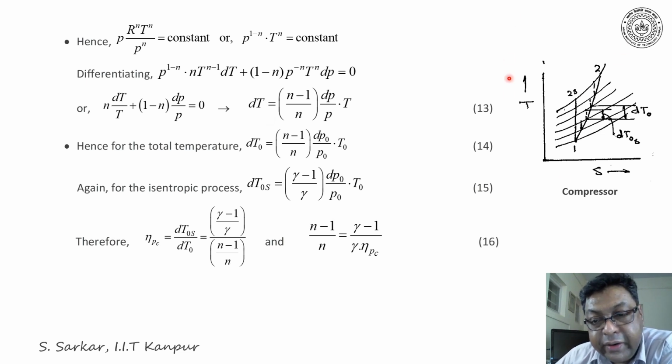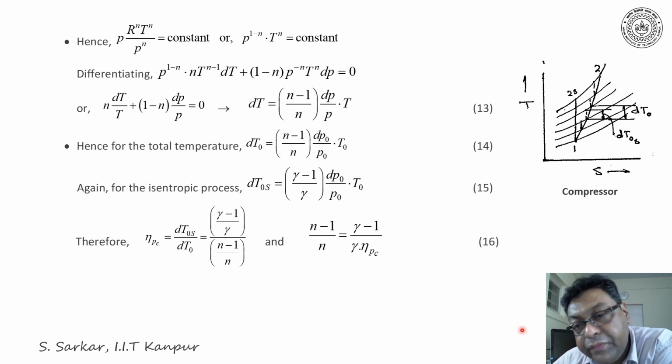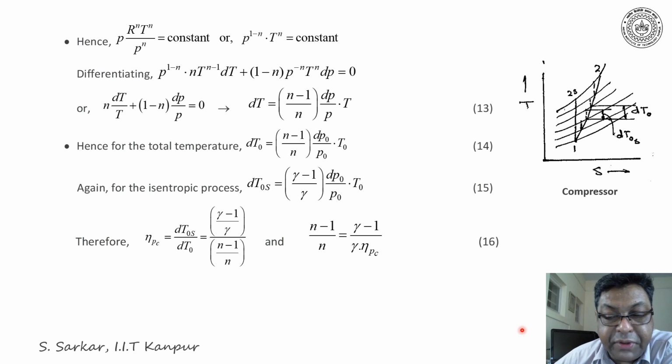Now, I have indicated here the elemental stage in the compressor in the TS diagram, where dT0 is the actual temperature rise through this elemental stage, and dT0s is the corresponding isentropic temperature rise. Thus, from equation 13, I can write for total temperature dT0 equals (n-1)/n times dP0/P0 times T0.